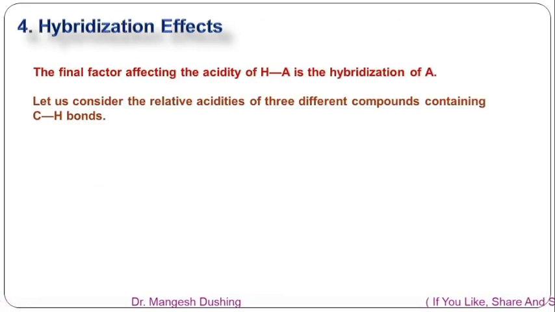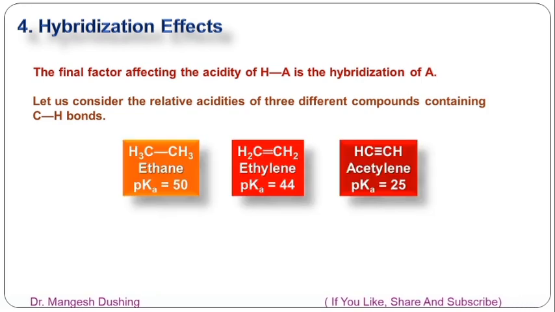The fourth factor is hybridization effect. Let us consider the relative acidities of three different compounds containing C-H bonds, for example, ethane, ethylene and acetylene. Ethane contains 6 protons, ethylene contains 4 protons, acetylene contains 2 protons.